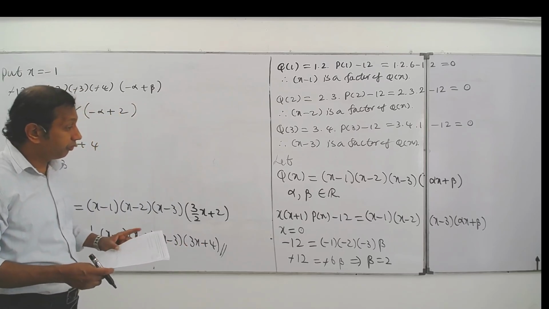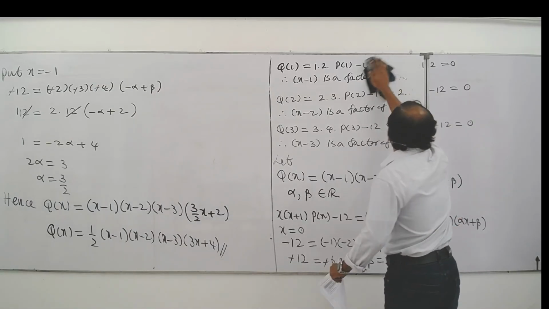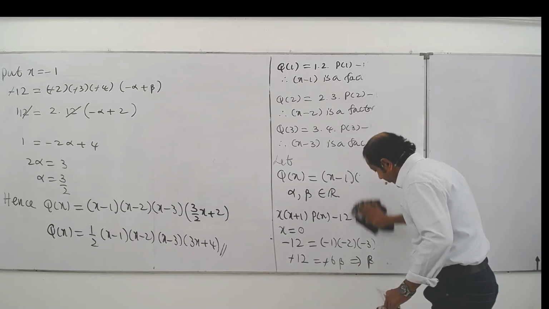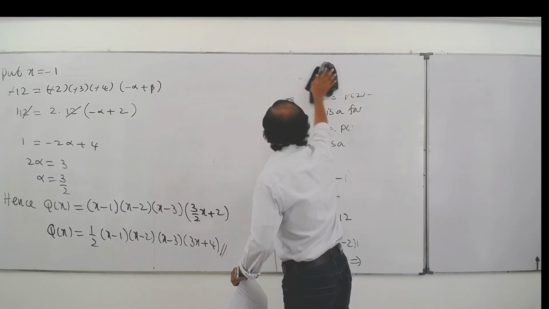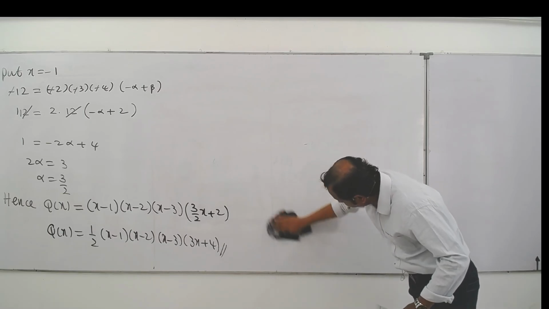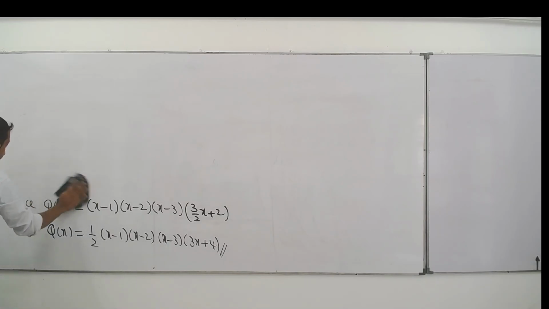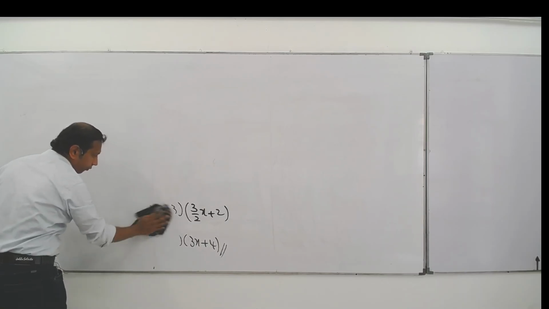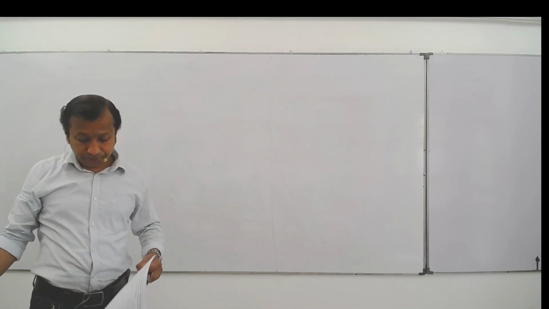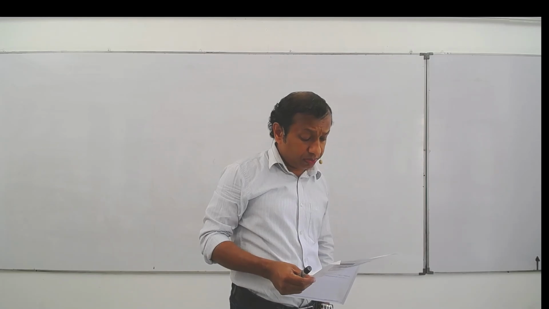Question number 3 is next. Question number 3 says a cylindrical cavity is formed inside the solid hemisphere of radius a.